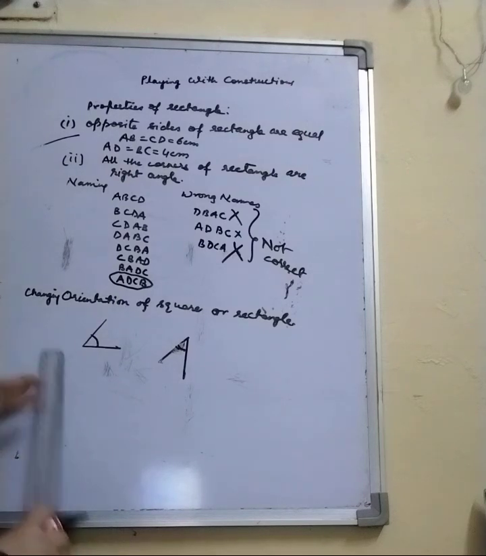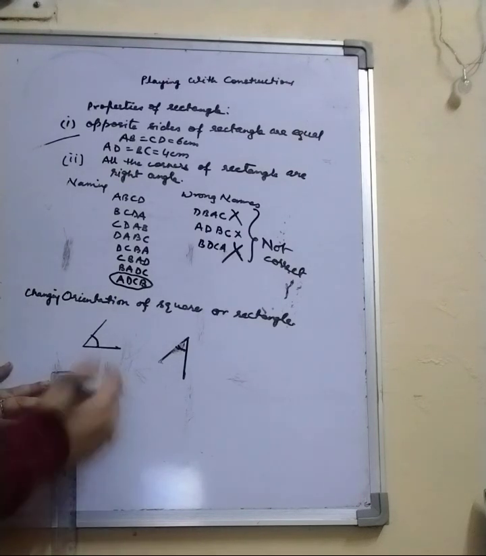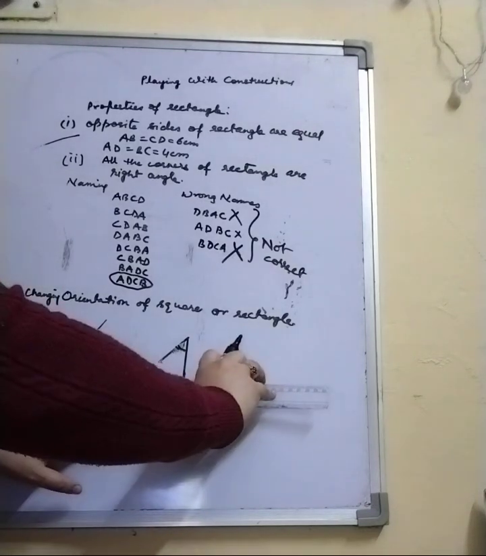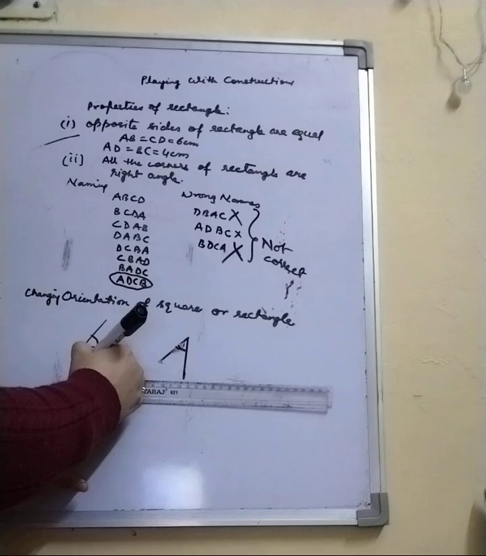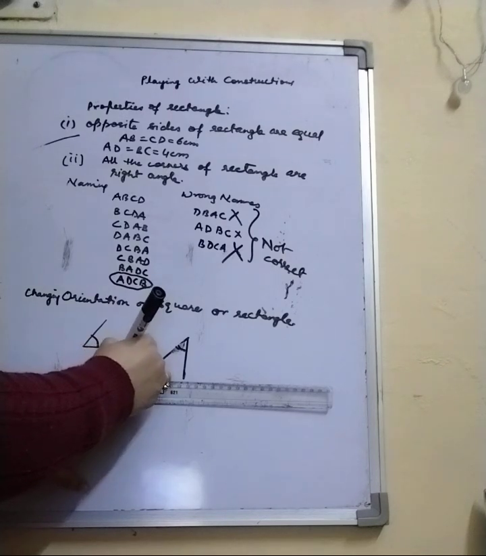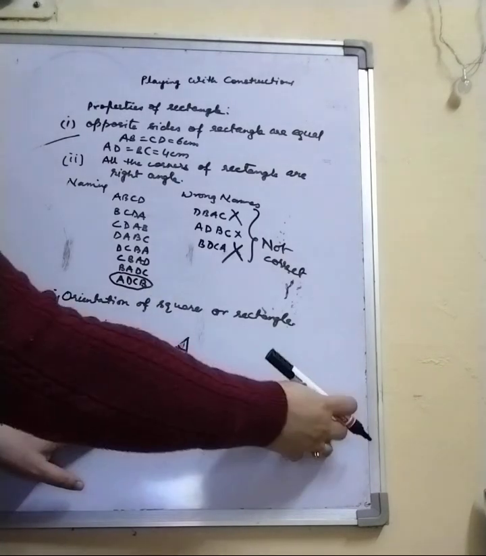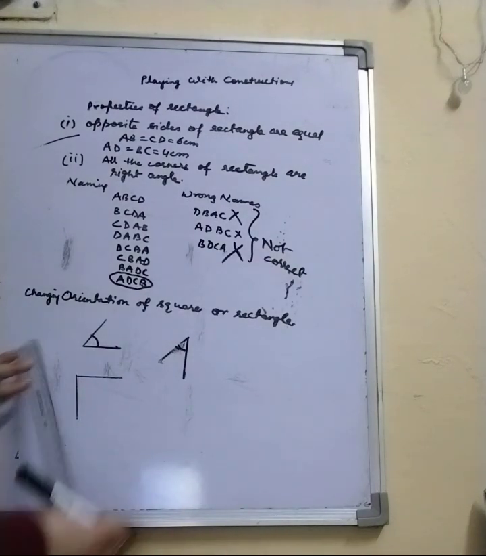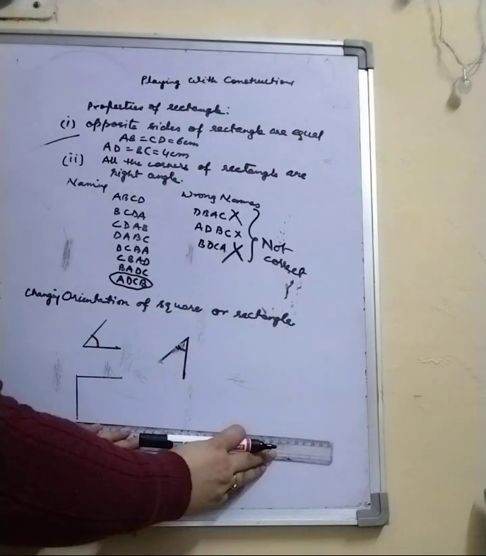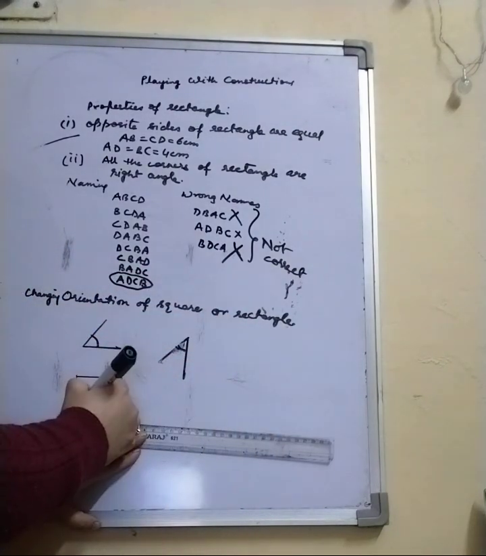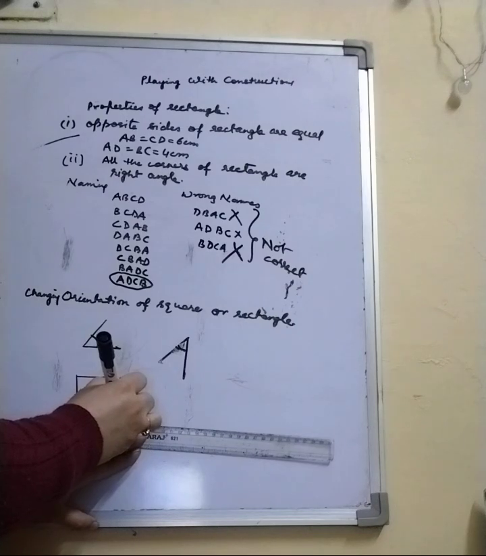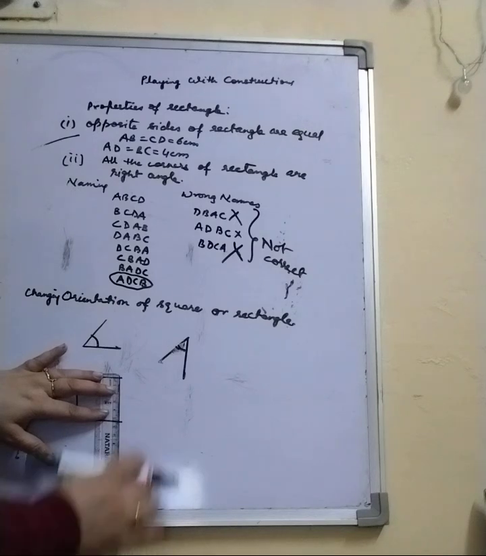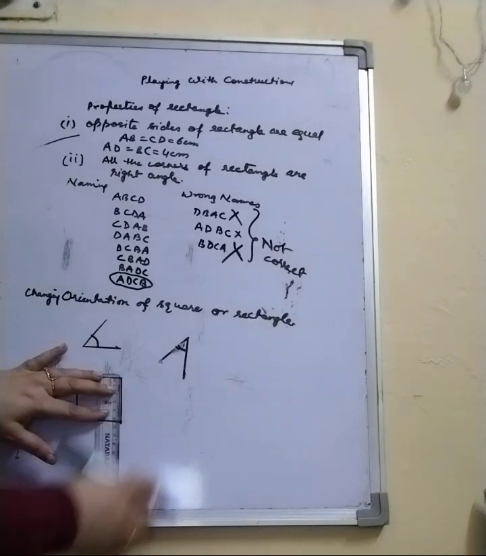Similarly, if you have a square or a rectangle, the degree of rotation does not change its sides. Suppose this is 5 centimeter, 5 centimeter, then 5 centimeter, and this is 5 centimeter.